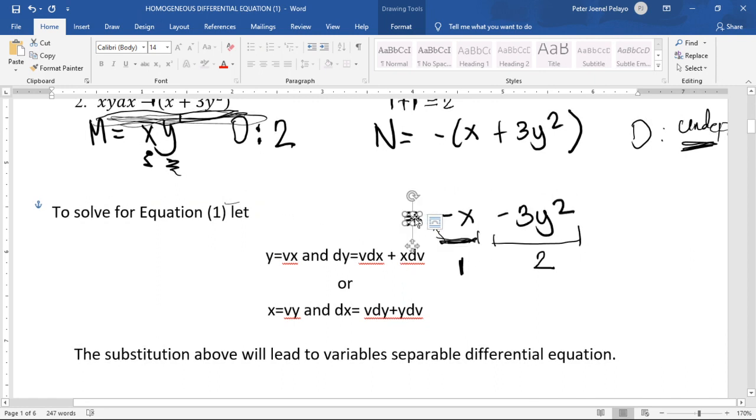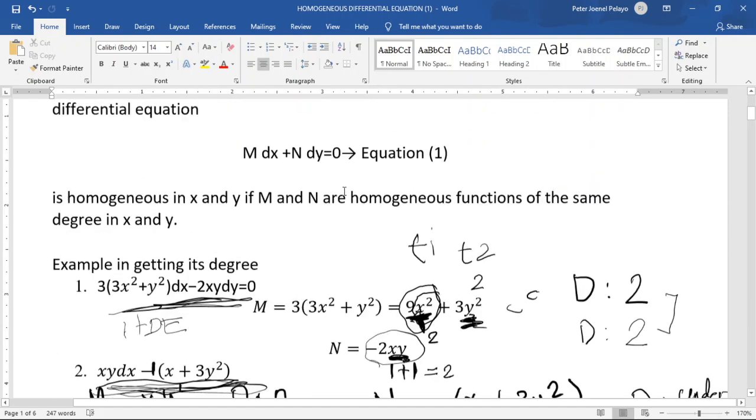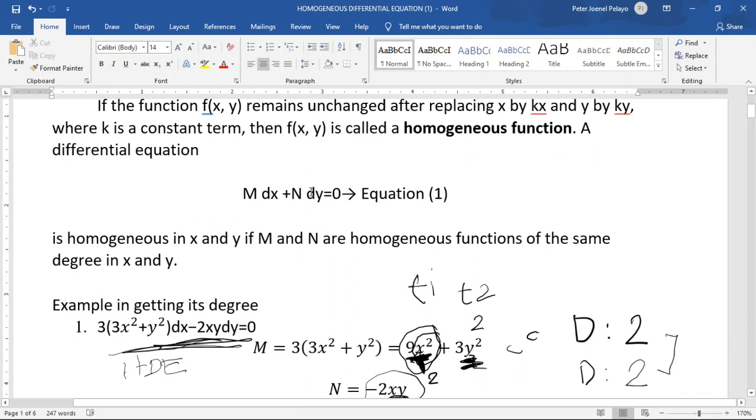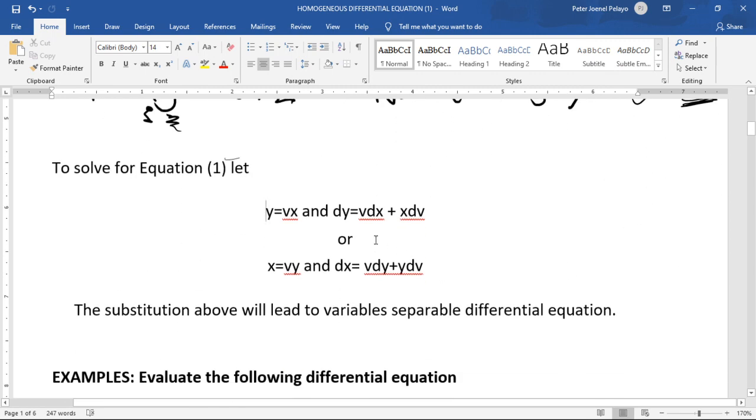Now, to solve for equation 1, let natin y6. So, equation 1 natin si m dx and dy. So, pag na-prove natin siya na homogeneous, meron lang tayong dalawang way or dalawang choice.